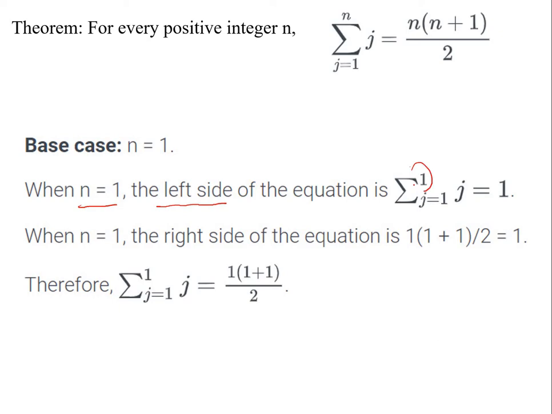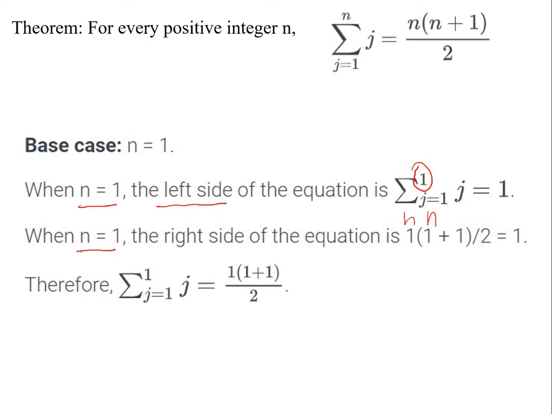You notice that we plugged n equals 1 over here. So there's just one term. So the sum is trivial. It's just one term, so you get 1. j equals 1 is the only term in the sequence. Now when you replace n equals 1 on the right hand side, you get n times n plus 1, so this is your n and this is your n.